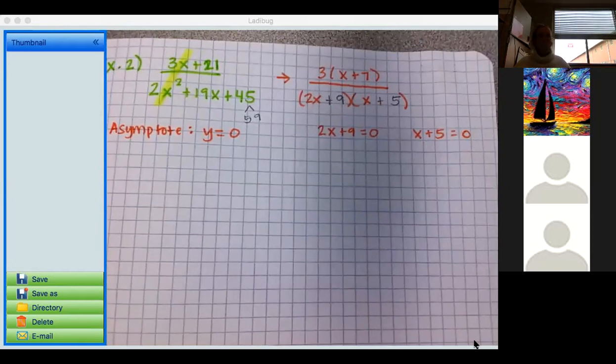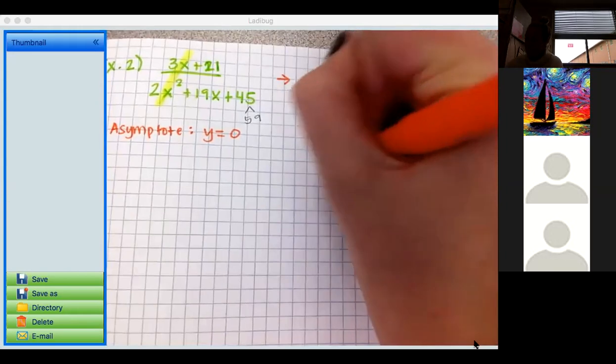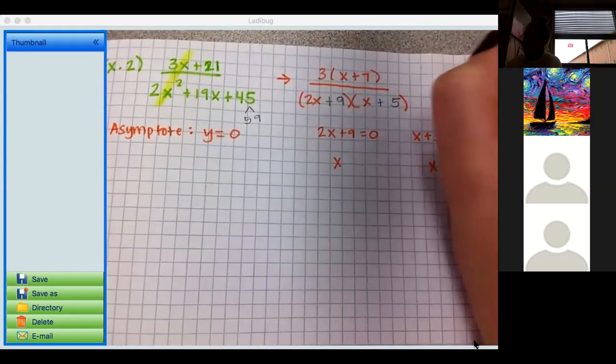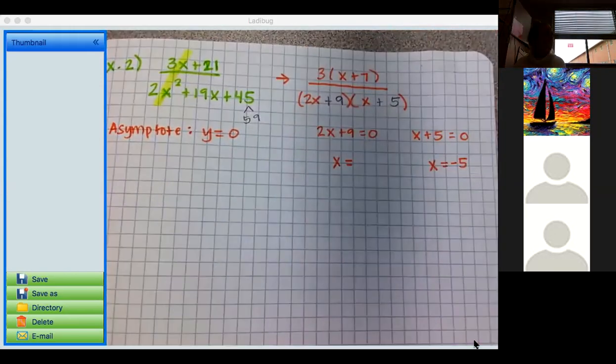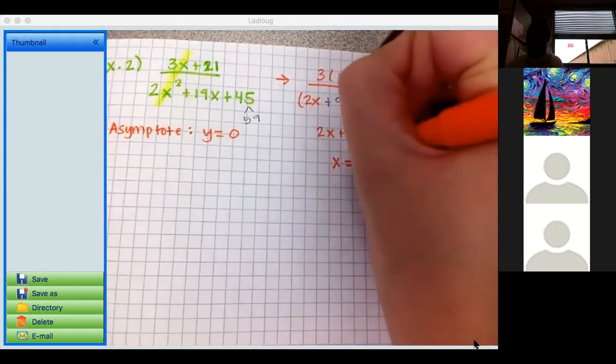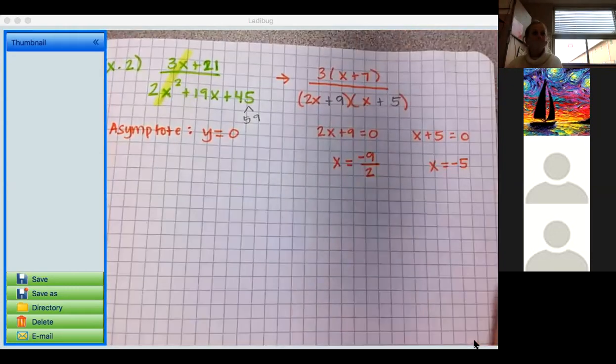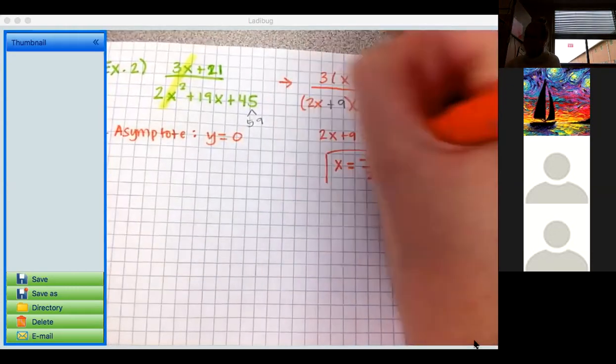So what is my first vertical asymptote? x equals -5. Okay, this one, sure. x equals -5. Then I think I heard somebody say this one. -9/2, good, which is just -4.5, right? But these are your two vertical asymptotes.